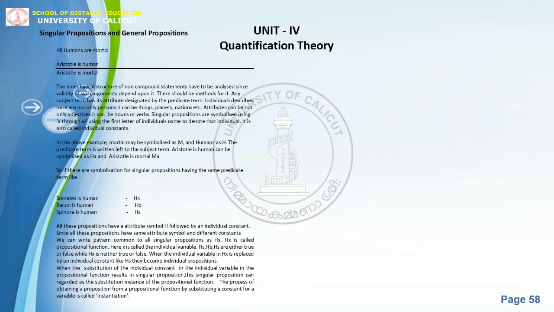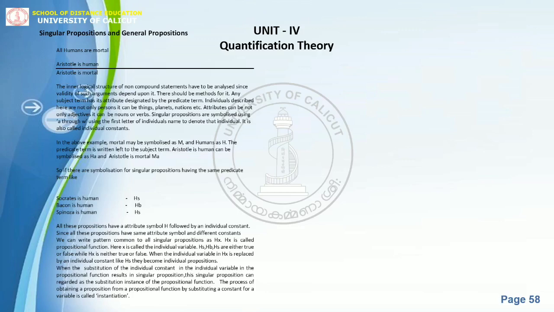And if in the above argument we symbolize mortal by the capital letter M and human by the capital letter H, the predicate term is written left of the subject term. Aristotle is human can be symbolized as big H followed by a small a, and Aristotle is mortal as M first and a small letter a.